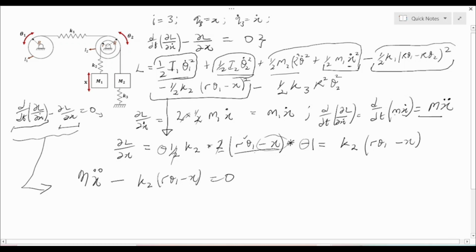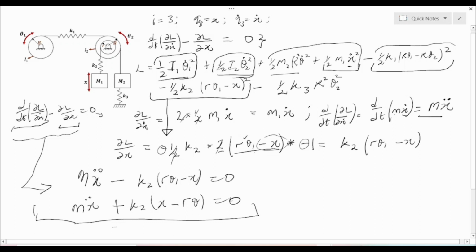This can be rearranged to be m x dot dot minus k2 r theta 1 plus k2 x equal to 0, that is m x dot dot plus k2 into x minus r theta 1 to be equal to 0. And this is the third equation of motion of the system.